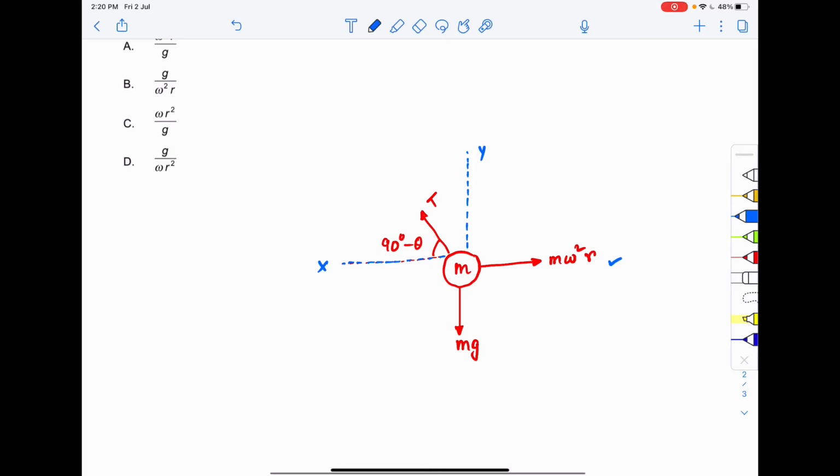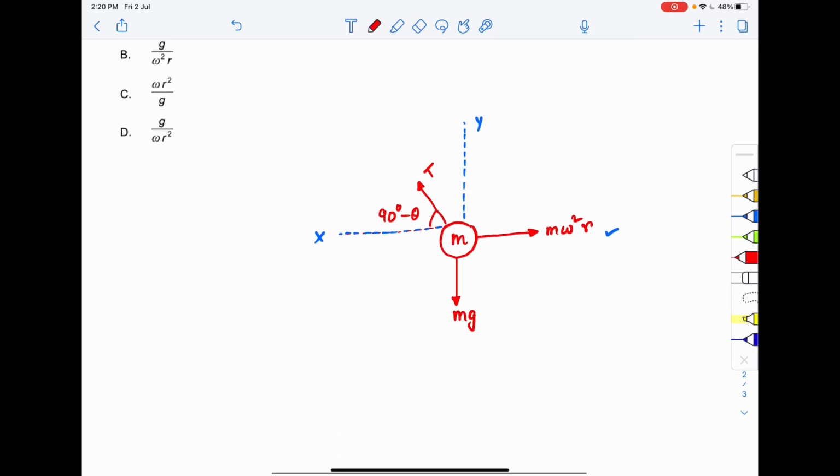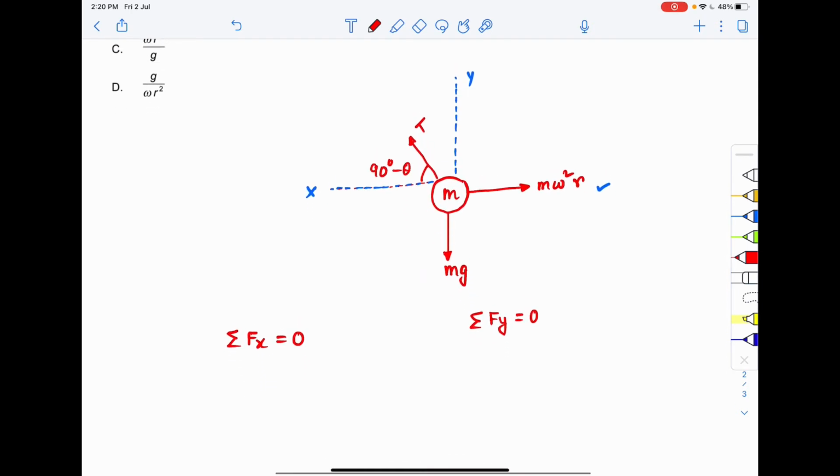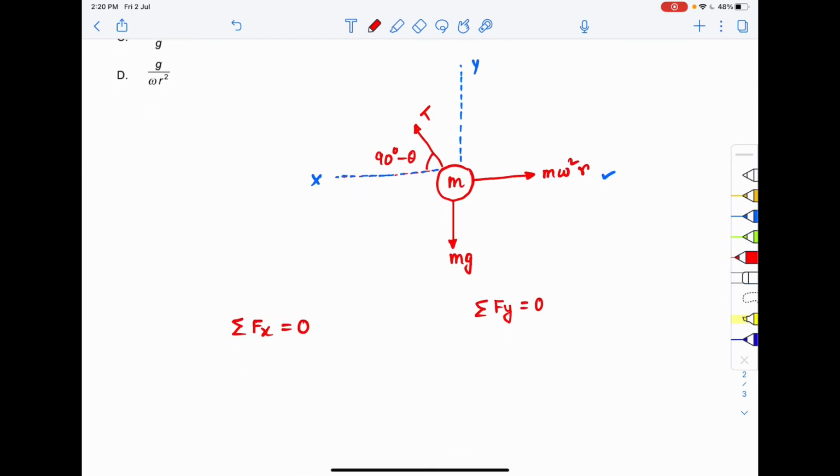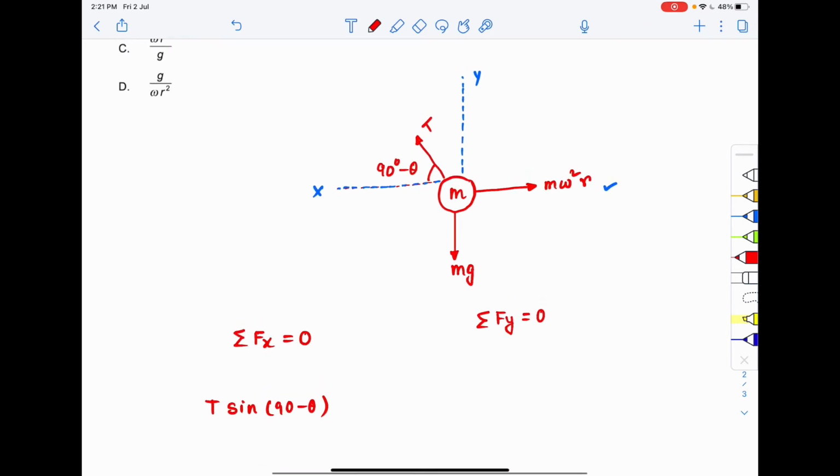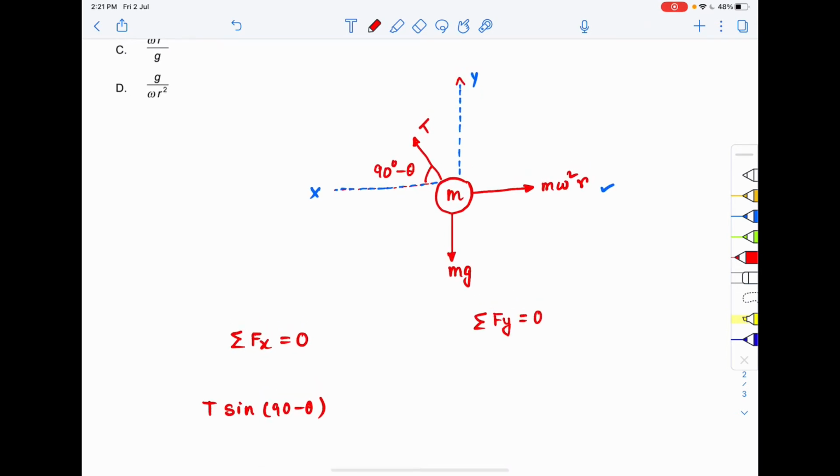We can say that the object is in equilibrium. So I can say that the summation of net force along x axis should be equal to 0, and the summation of net force along y axis should be equal to 0. So I can write that the component of T along the y axis is T sine 90 minus theta.